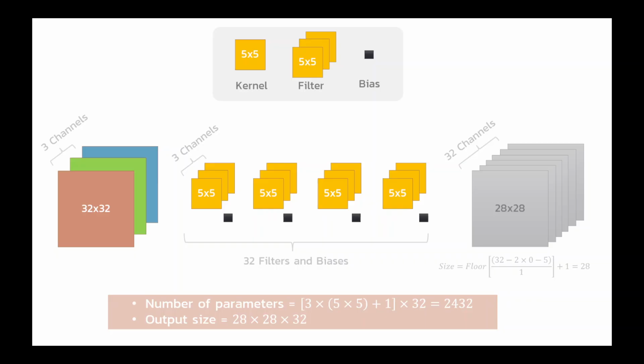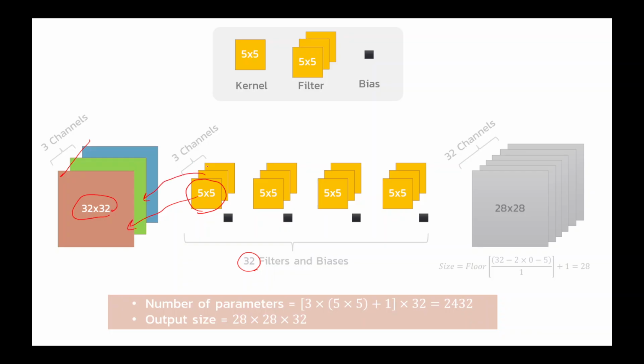Don't worry. First of all, we have the input image that is 32 by 32. We have 3 of them because it's 3 channels. And we have filters, because we want to recognize patterns. So there are going to be 32 filters. But remember that each filter will become a 3-dimensional matrix too, because each 5 by 5 layer operates on each of the channels.